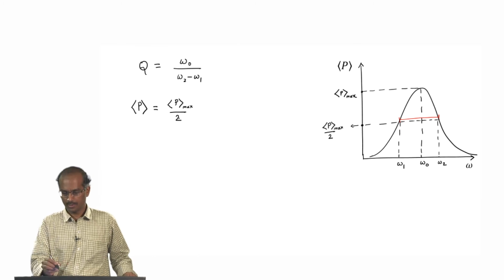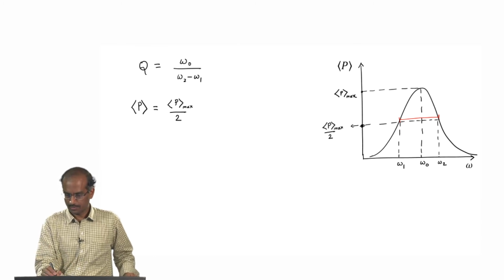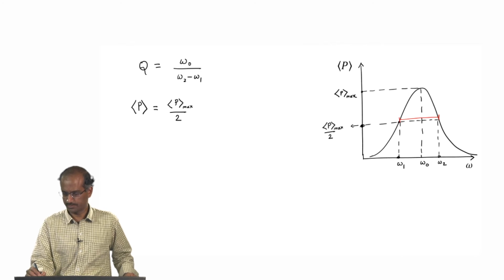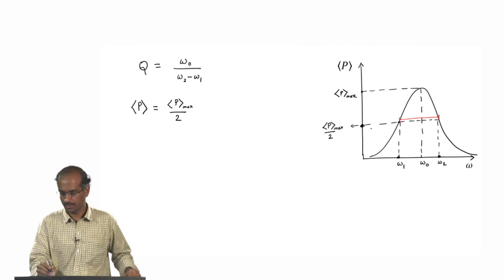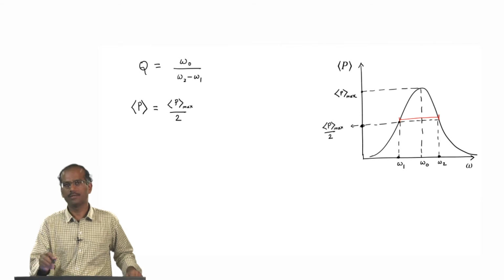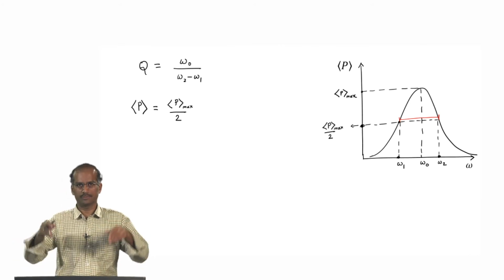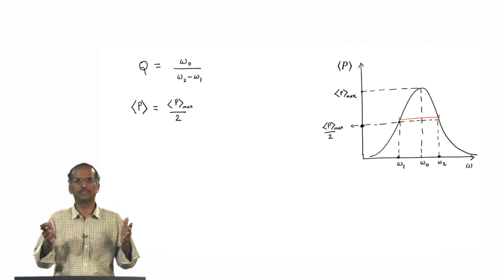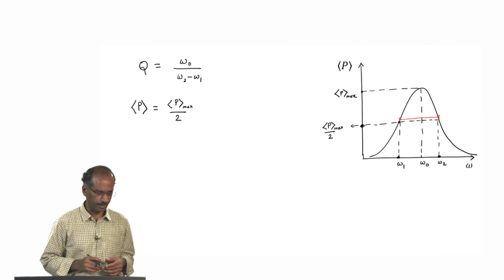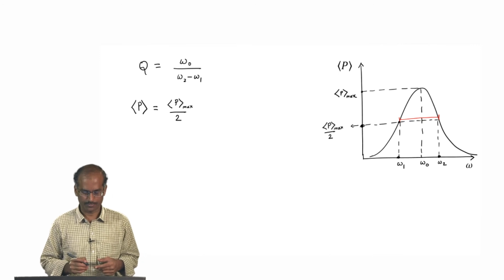So, at this value there are two possible values of frequency. You draw a horizontal line from here, it cuts the resonance curve at two points. Then you draw two vertical lines, and you get omega 1 and omega 2.